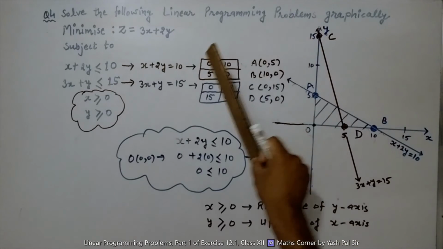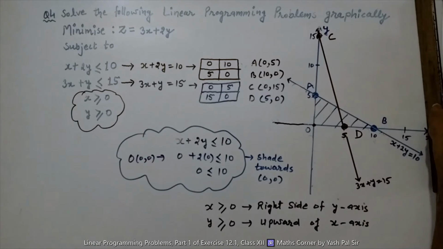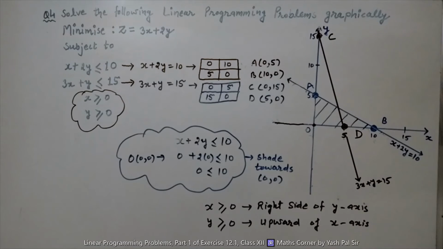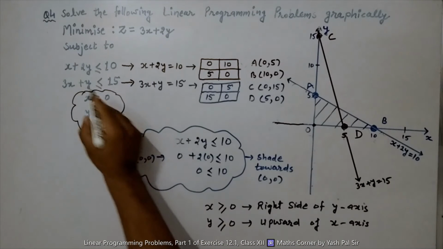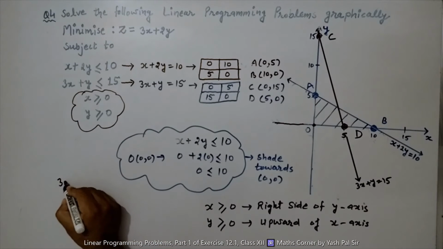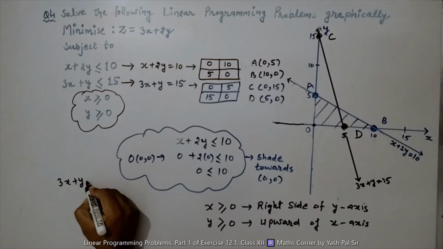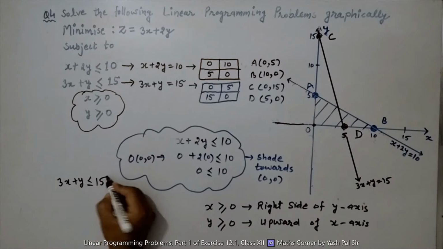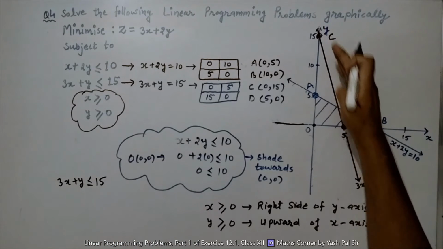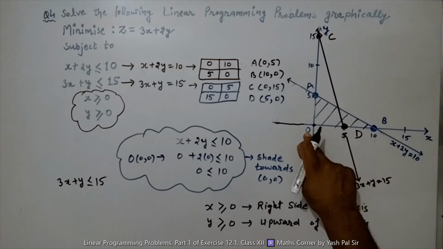There are two sides. One side is towards this, the second side is towards this. Which side should we shade here? Again we consider the inequality 3x plus y less than or equal to 15. We take any one point.